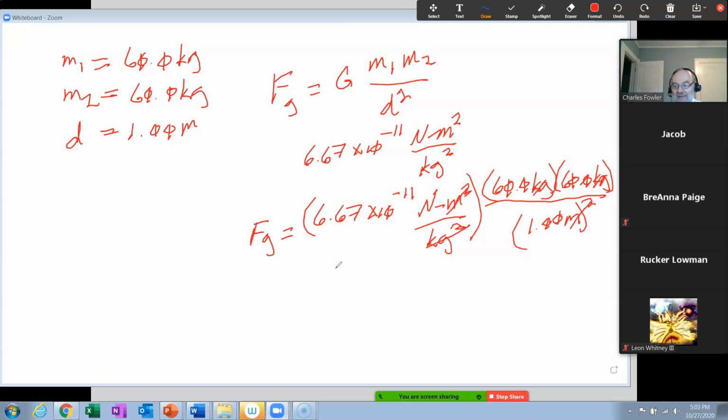Then multiply that by 60, multiply it again by 60, and then I'm going to divide by, and I'm going to show you this in gory detail now. Here it's just dividing by 1, because 1 squared is 1. But when we do the lab, we're going to be dealing with way bigger numbers than that.